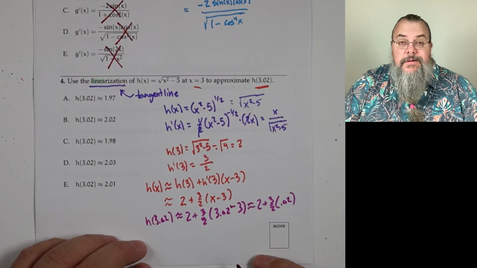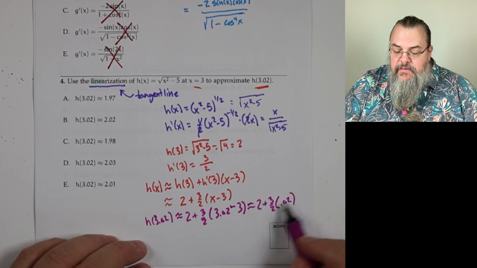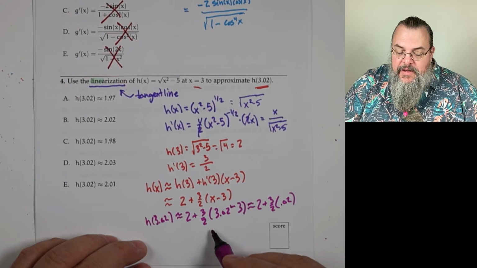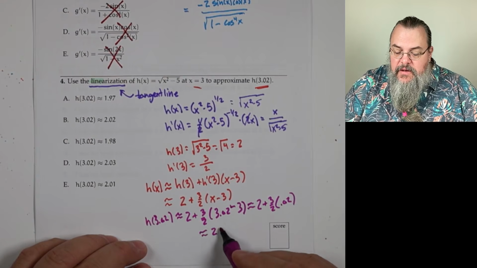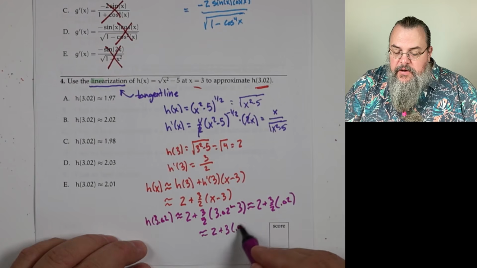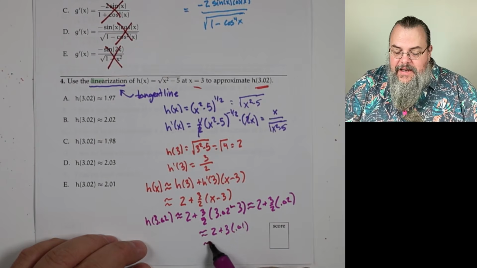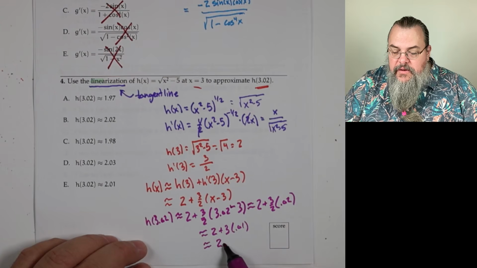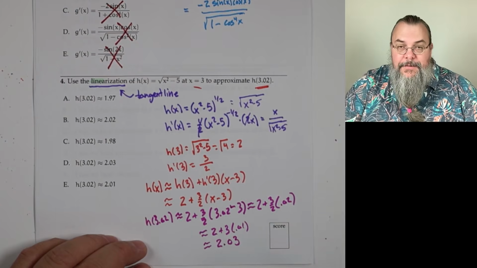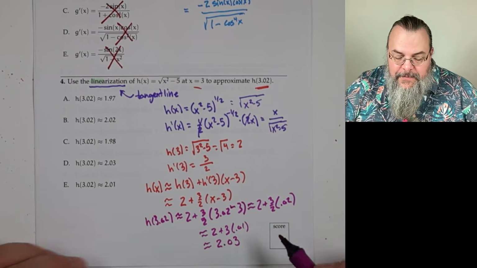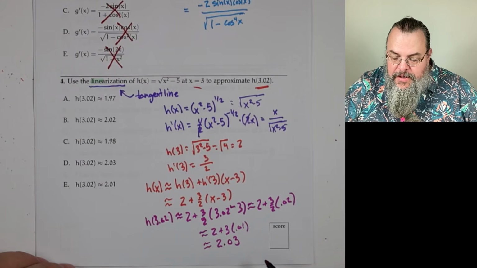All right, great. Now, 2 divided into 0.02 gives us, hey, this is approximately 2 plus 3 times 0.01. And so that is going to be approximately 2.03. And there we go. All right, so we're looking for 2.03.